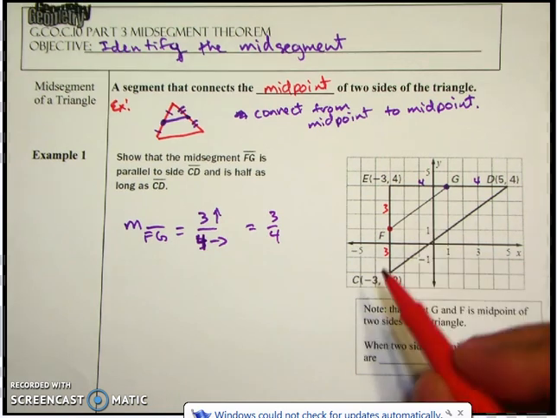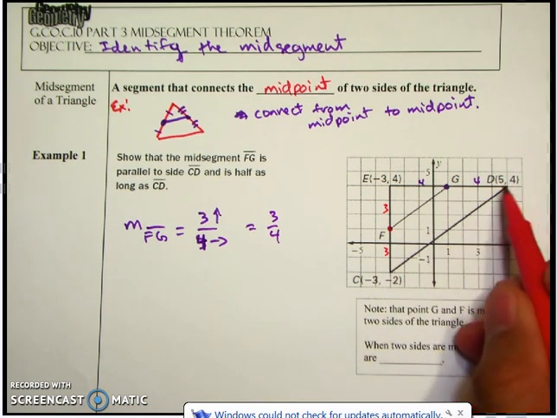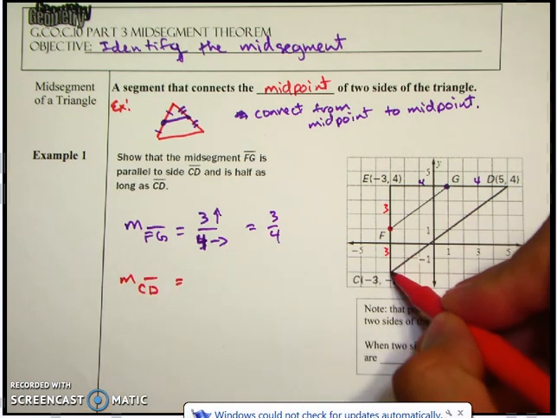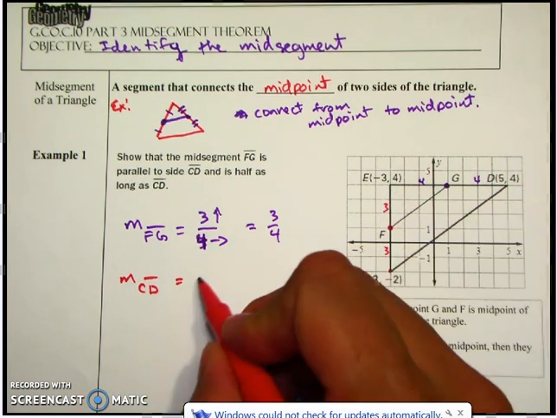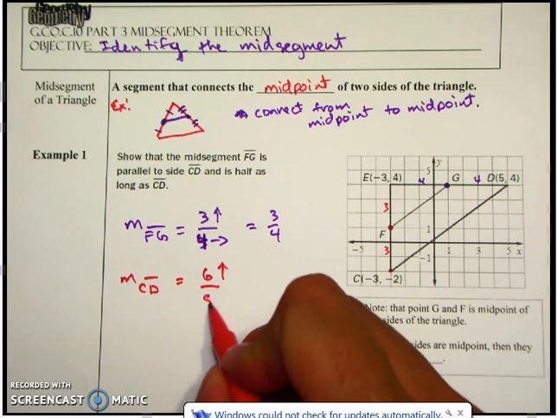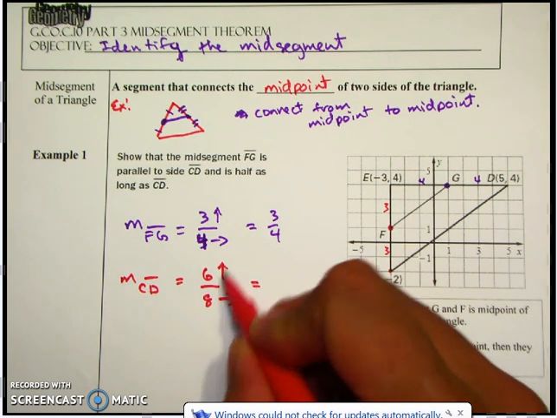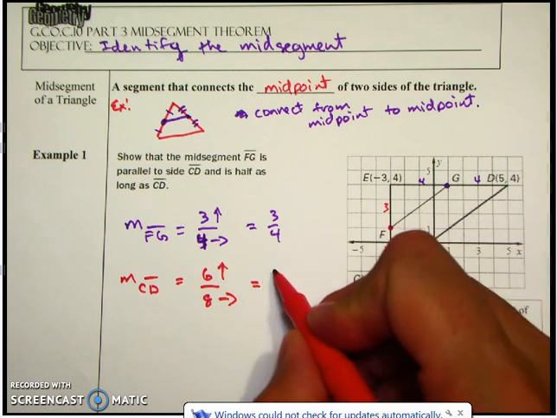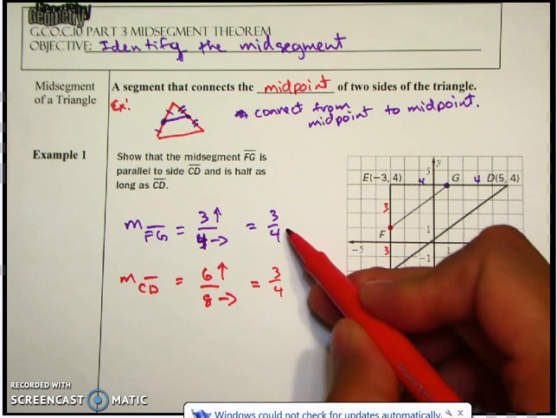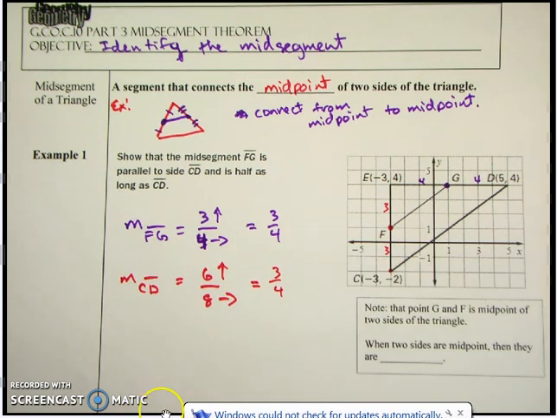Now, when you try to find the slope of CD right here, here's our point C, go up 6, and then right 8, and then when you simplify both of them by 2, you get 3 over 4. So these two right here both have the same slope.